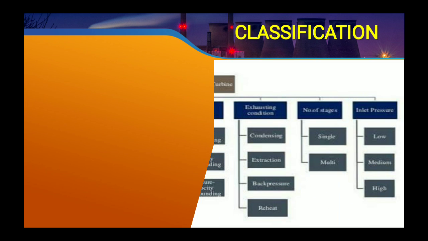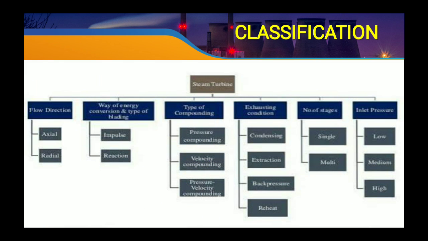Now the next slide is on the classification. Steam turbines are classified into 6 categories: number 1, flow direction; number 2, the way of energy conversion and type of blading; then type of compounding, exhausting condition, number of stages, and inlet pressure.